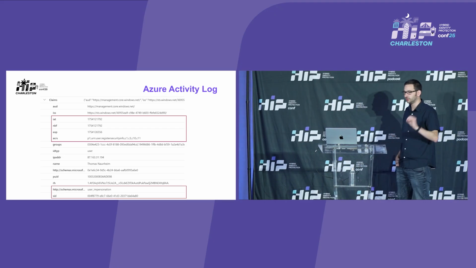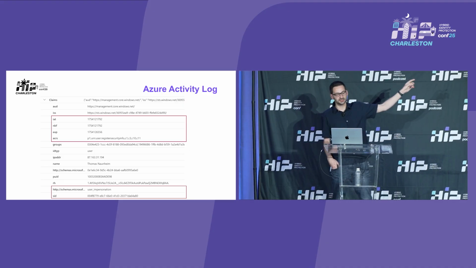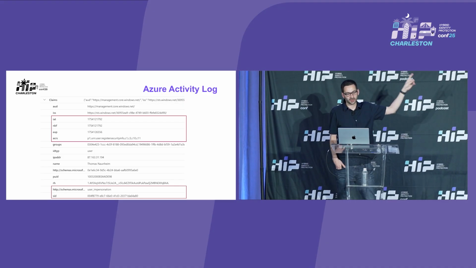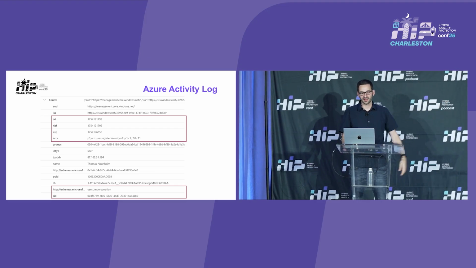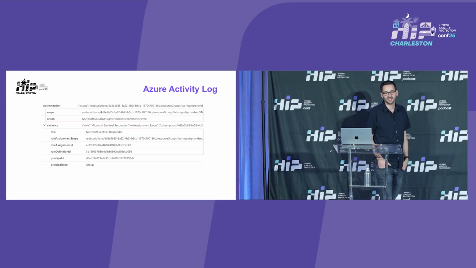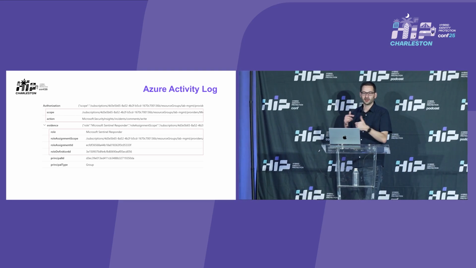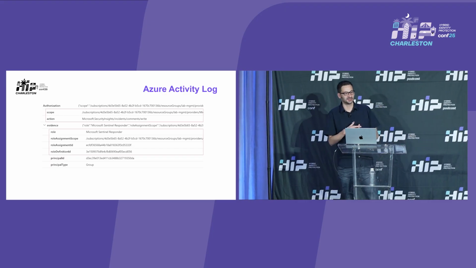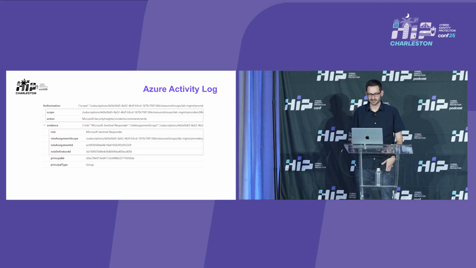So each activity log includes all the claims, like when a token was issued, when it is expiring, what authentication contexts are involved, we have the session ID. And really nice, we also get authorization details. So for each activity in Azure, we get what kind of role is assigned to this activity. And that is really powerful for doing some great stuff.